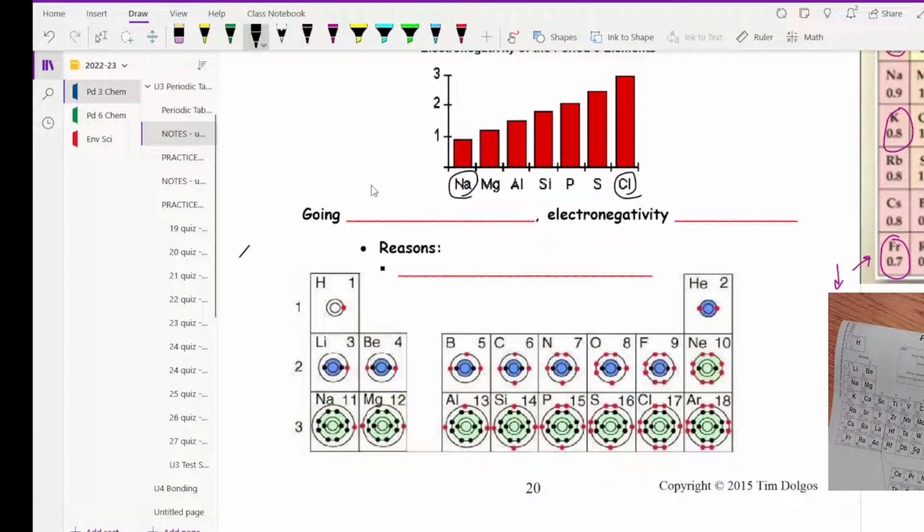Okay, so if you go down a group, electronegativity decreases. The reason is the number of shielding levels, which I'll show below, increases. And you can sort of see that in the diagram below.